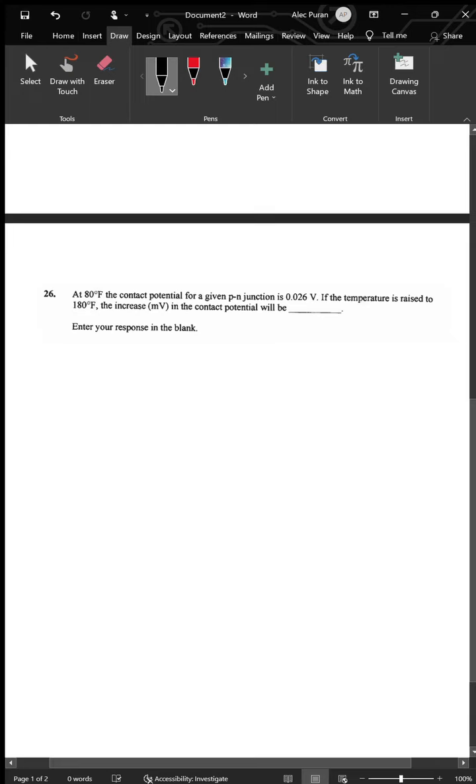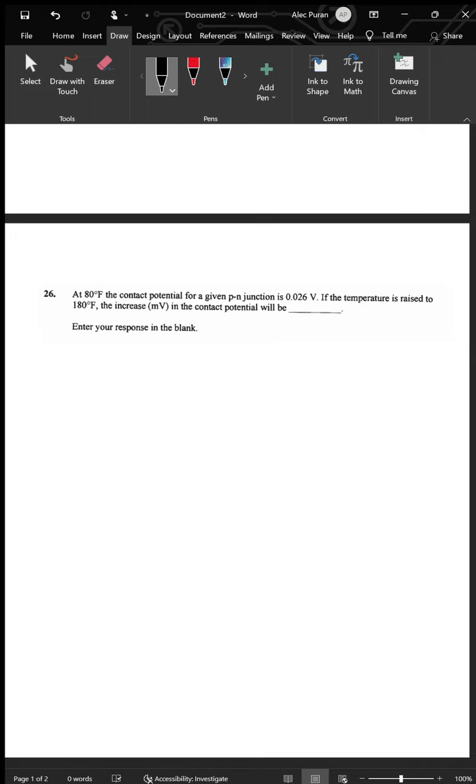So moving along, we have a problem that states at 80 degrees Fahrenheit, the contact potential for a given p-n junction is 0.026 volts. If the temperature is raised to 180 degrees Fahrenheit, the increase in millivolts in the contact potential will be what? And we have to enter our response in the given blank. This is a question from solid state electronics and devices.